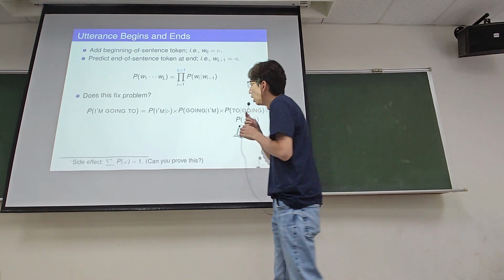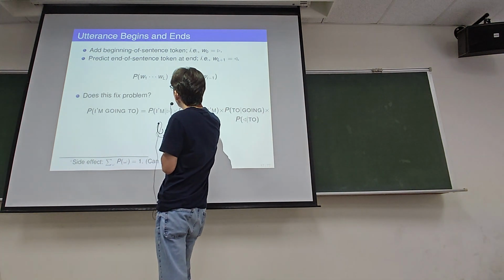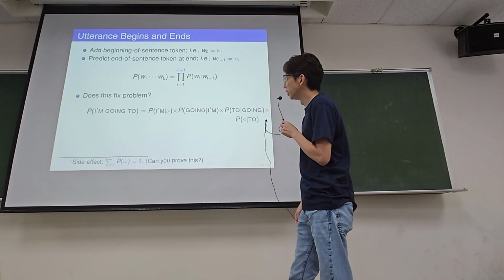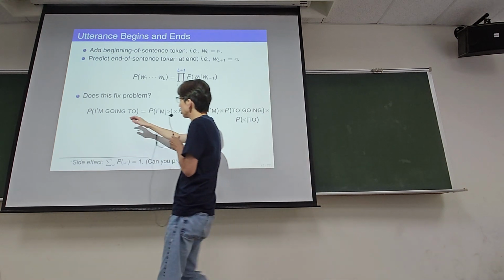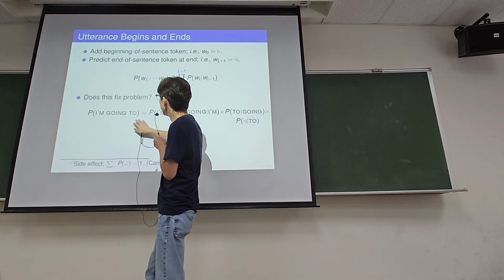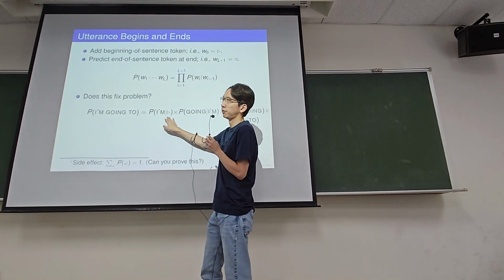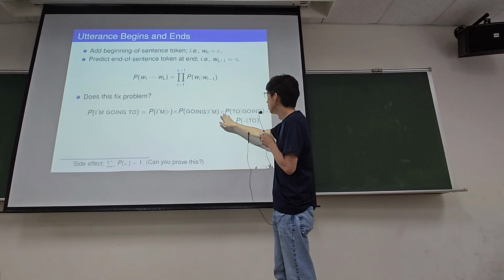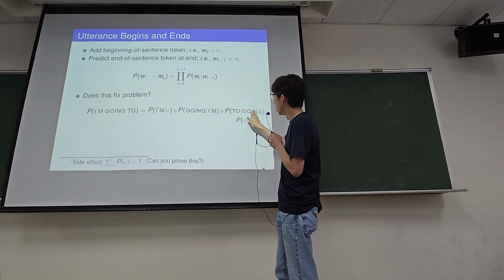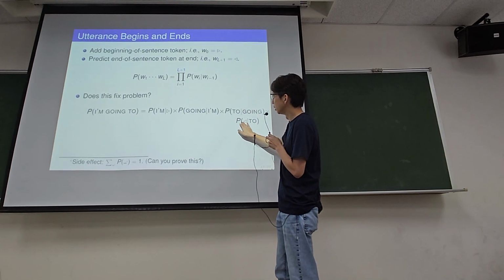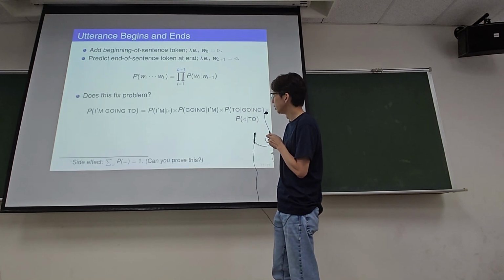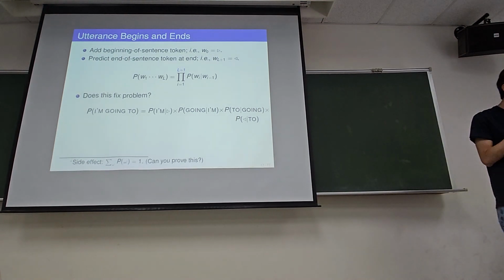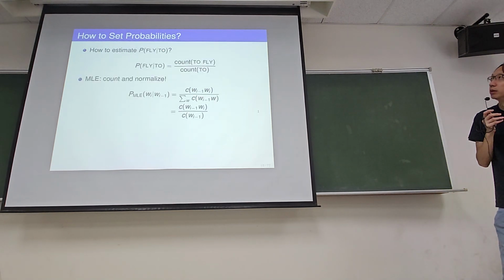So the probability of W1 to WL becomes a product from i=1 to L+1, because of one more token, of P of Wi given Wi-1. So the probability of 'I'm going to' is the probability of 'I'm' given the start, multiplied by 'going' given 'I'm', multiplied by 'to' given 'going', multiplied by the end token given the previous word 'to'. So in training we also add the beginning token and the ending token.